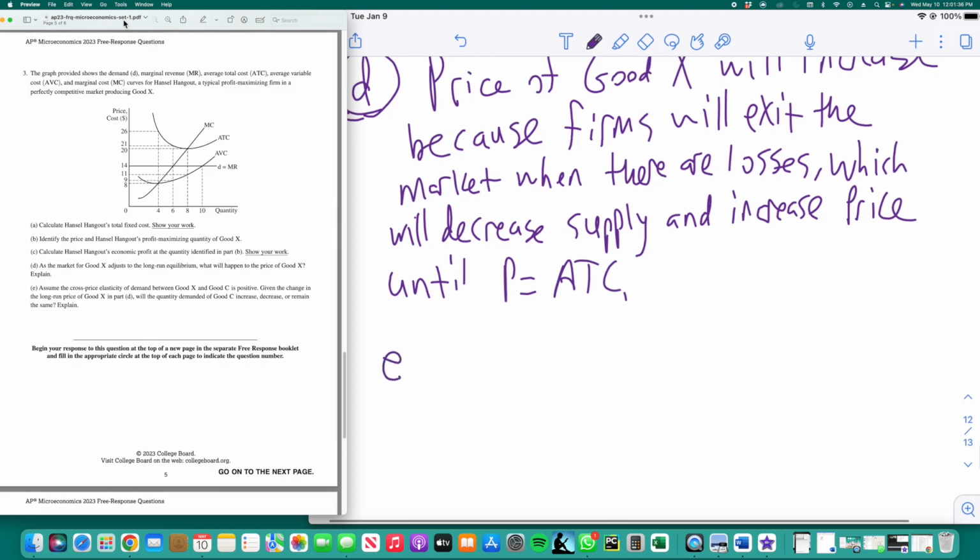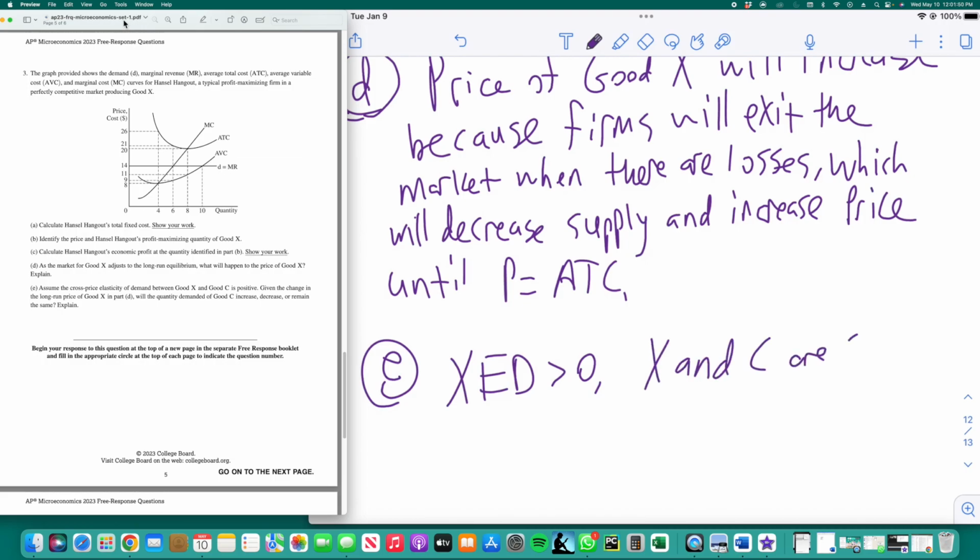All right, now part E. What they say is that your cross-price elasticity of demand between good X and good C is positive. That means good X and C are substitutes, because it's a positive number. If it was a negative number, that would mean that they are complements.